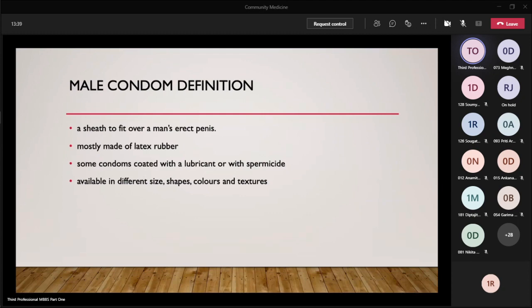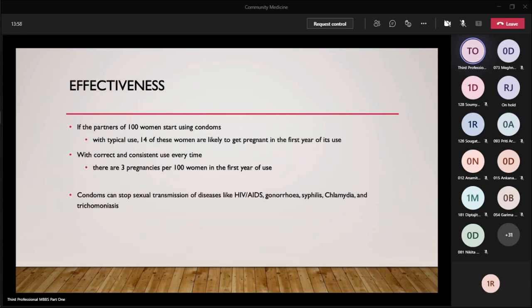Next, this is a small definition of what we mean by this. This is a sheath which fits the man's erect penis, and it's made of latex rubber. Some condoms can be coated with lubricant or spermicide, and it's available in different sizes, shapes, colors, and textures.